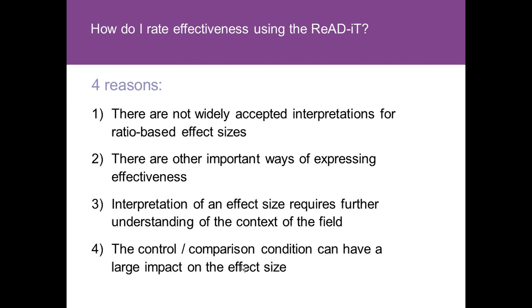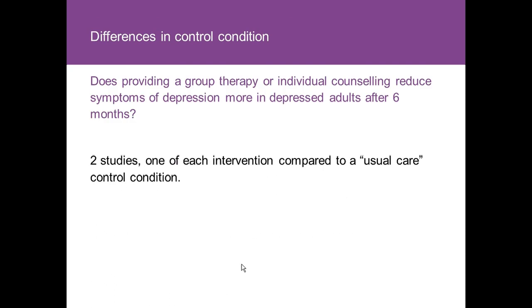Finally, the control and comparison condition can have a very large impact on the effect size that you've observed. Let's look at this a little bit more closely. Let's look at another research question. Does providing group therapy or individual counselling reduce symptoms of depression more in depressed adults after 6 months?